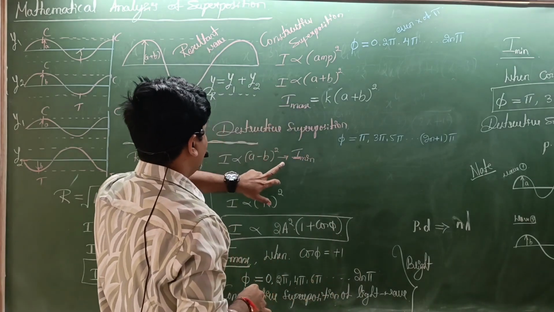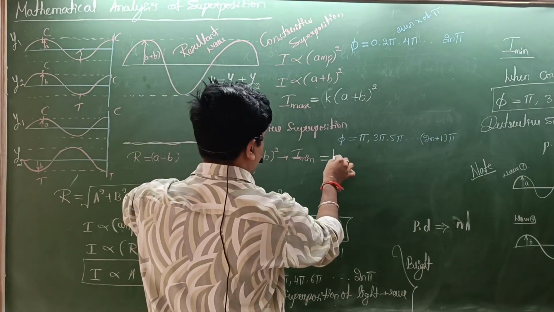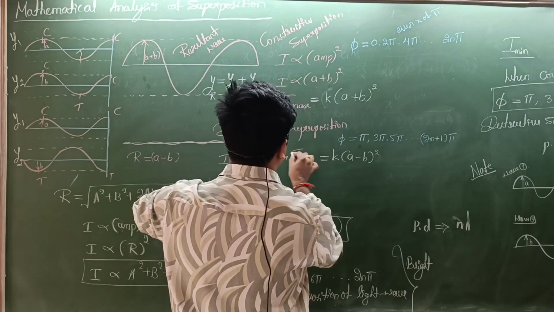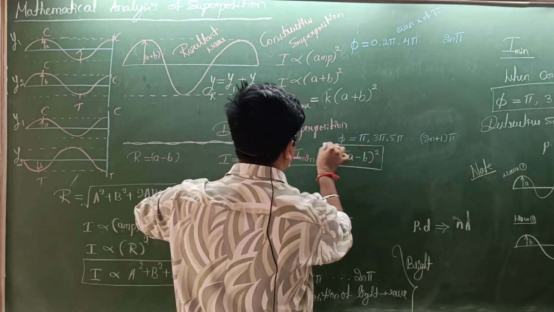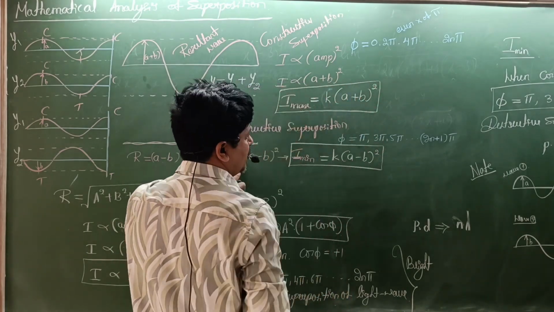Now for minimum intensity, this is equal to k(a minus b) whole squared. So this is the minimum intensity and the other one is the expression for maximum intensity.